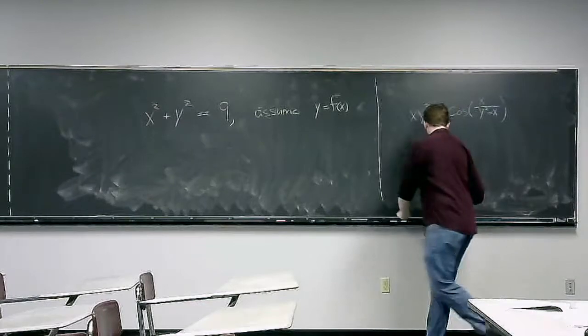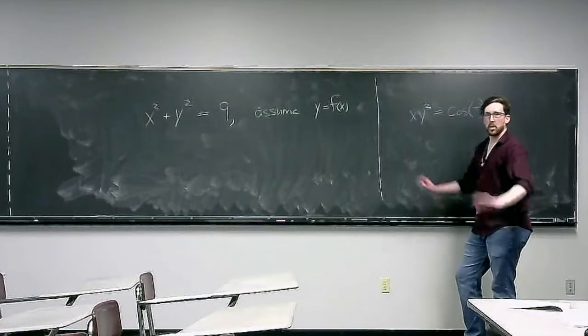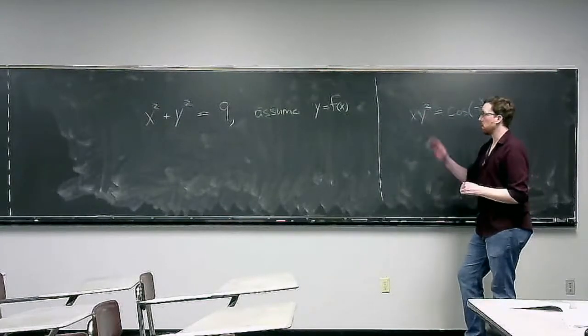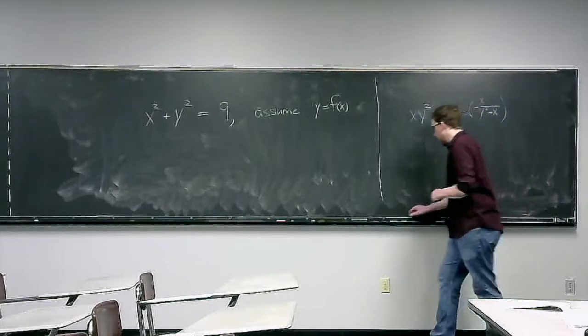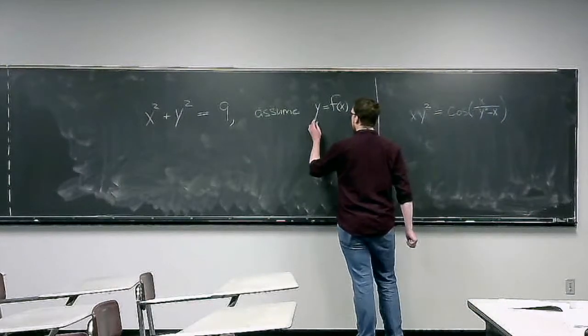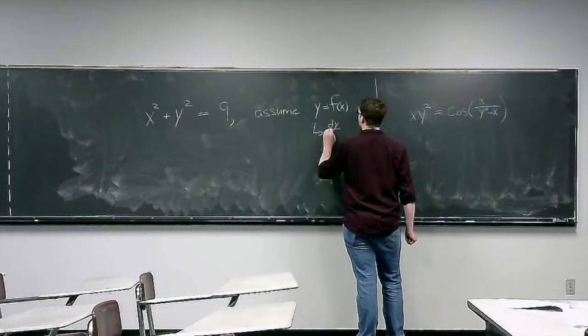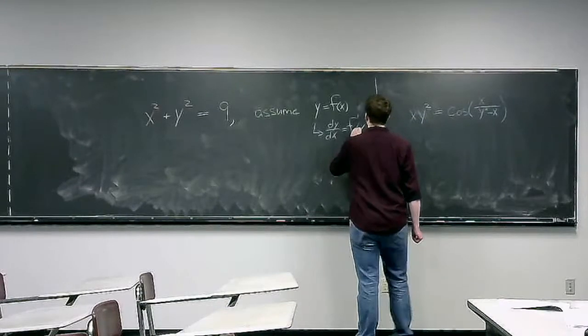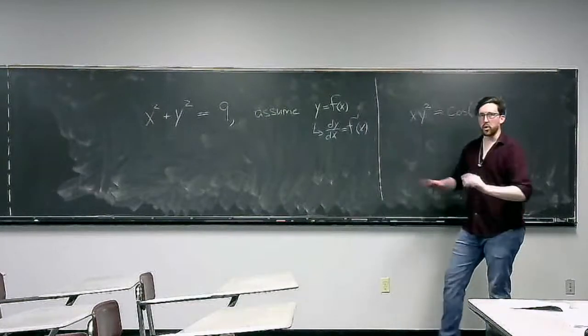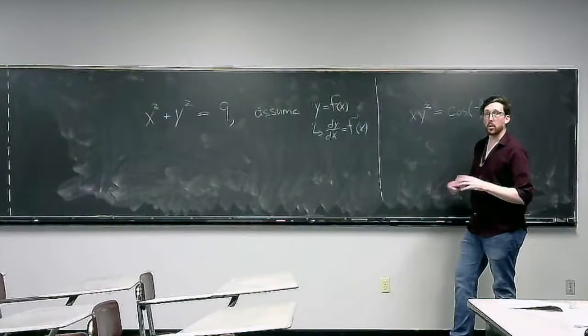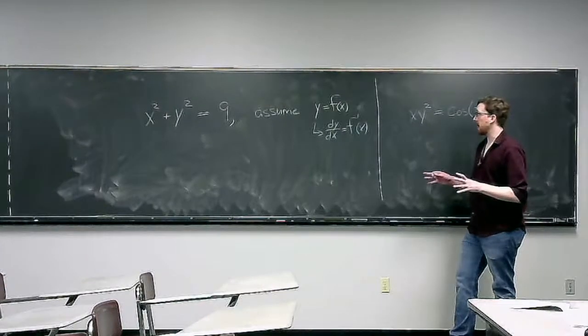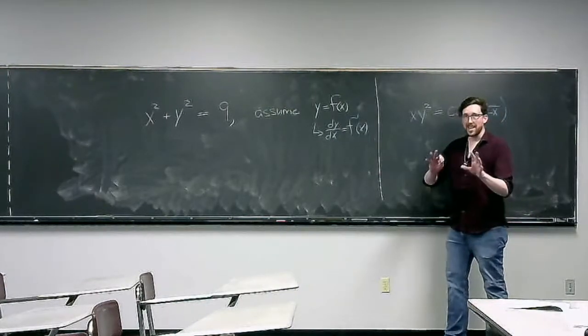I'm just going to make that assumption for right now. It's just some arbitrary function with respect to x. And that's going to tell us that dy dx is equal to f prime of x. We're just going to leave it at this notion for right now. We don't actually care what dy dx is or what f prime of x is yet.